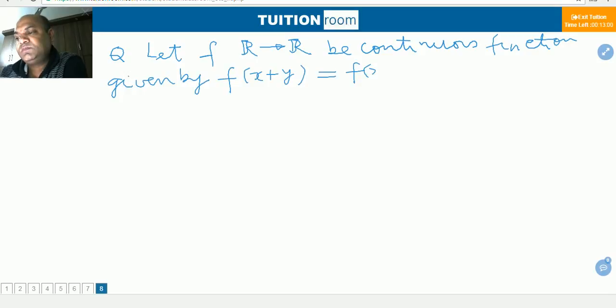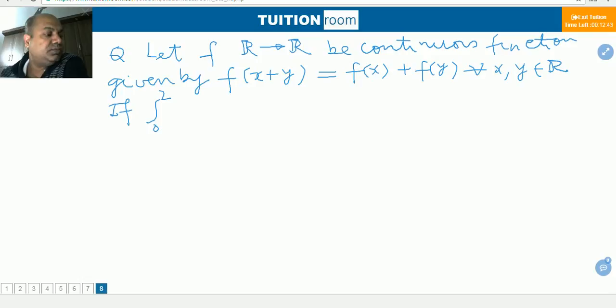So put y as minus x, replace y by minus x, we get f(0) = f(x) + f(-x). From the given relation we got this.